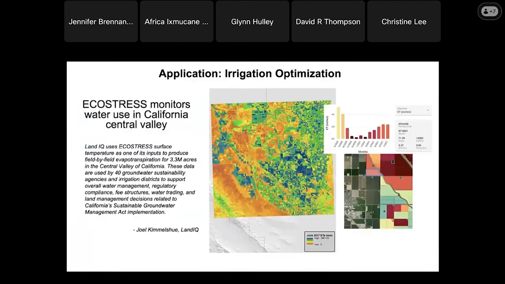For example, I'll show this example in terms of irrigation optimization.